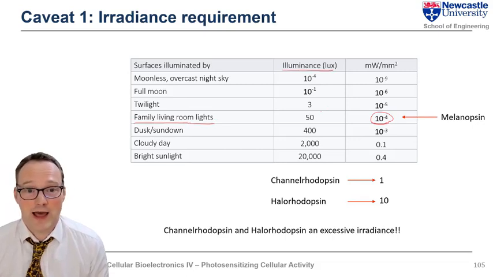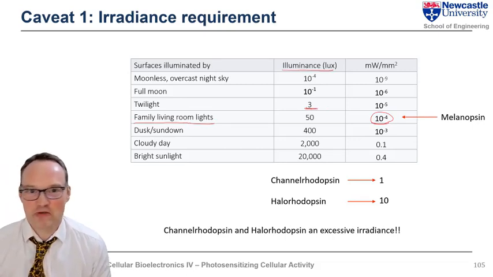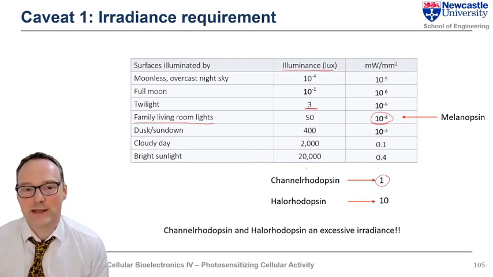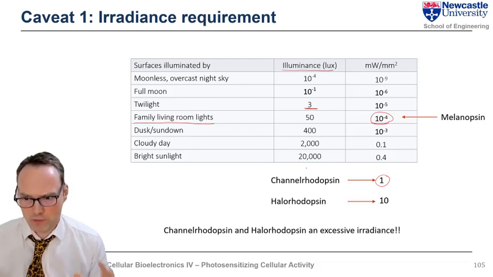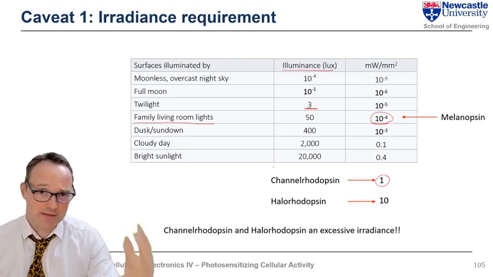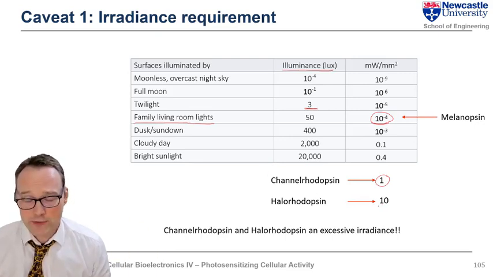Most offices are around about 3 lux or so. But if you then look at channelrhodopsin, it's way higher than an ultra bright day. It would quite literally be like sitting in the Sahara Desert in midday bright sunshine. Halorhodopsin's even brighter.